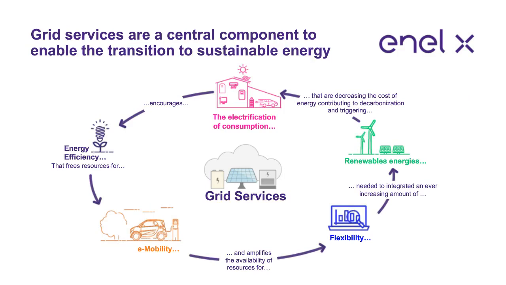And so to close it out, ultimately, why does any of this matter? As we discussed at the very beginning, there are trends towards electrification, decarbonization, decentralization. We know we need to aggressively move to an electricity market model based on flexible loads, renewables, batteries, just given those trends that are happening. And so grid services are really a central component to enabling that and ultimately helping us achieve the transition to sustainable energy.